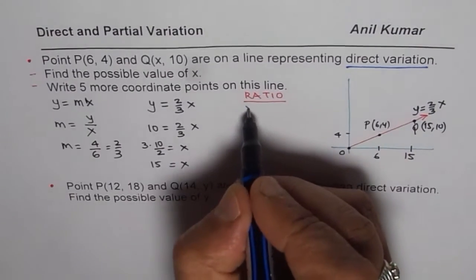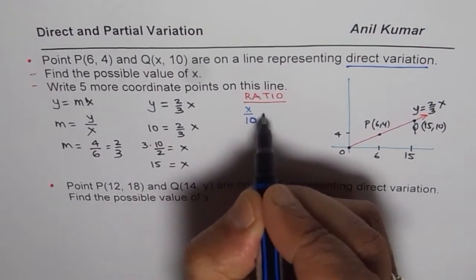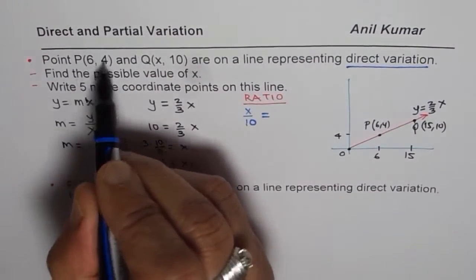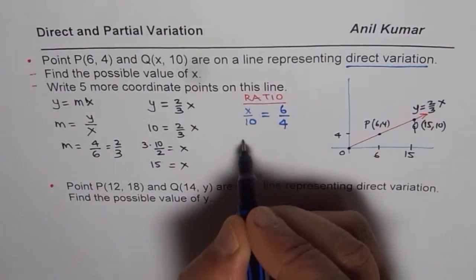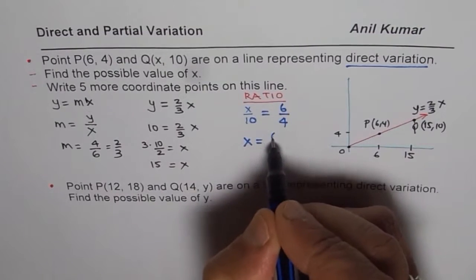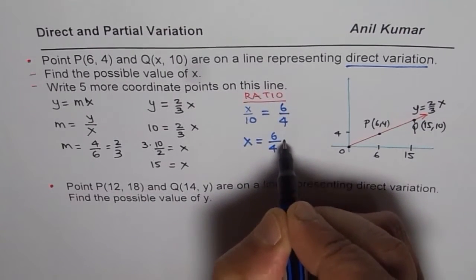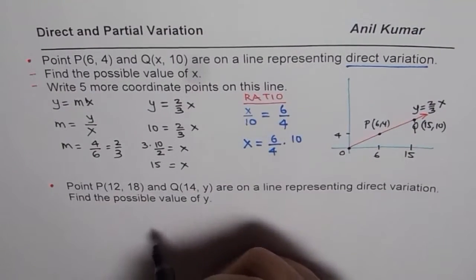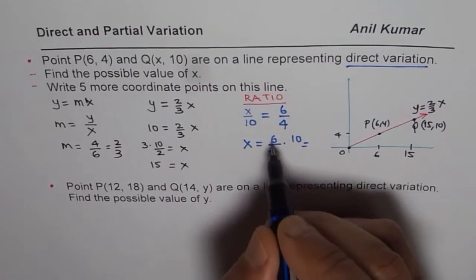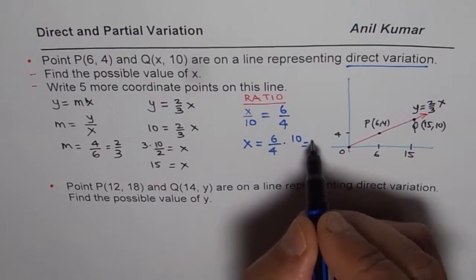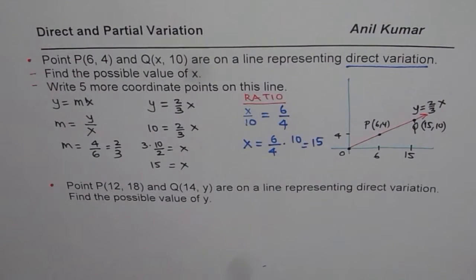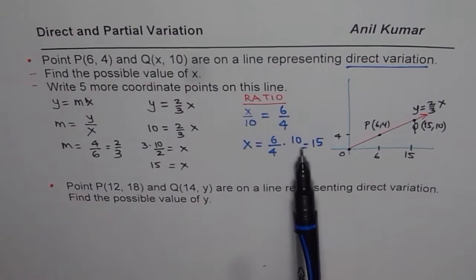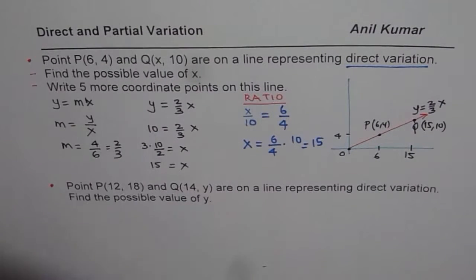We can write x over 10 should be equal to 6 over 4. So x equals 6 over 4 times 10. If you solve this, 60 divided by 4 is indeed 15. So we get the same answer. Do you get the point, right?